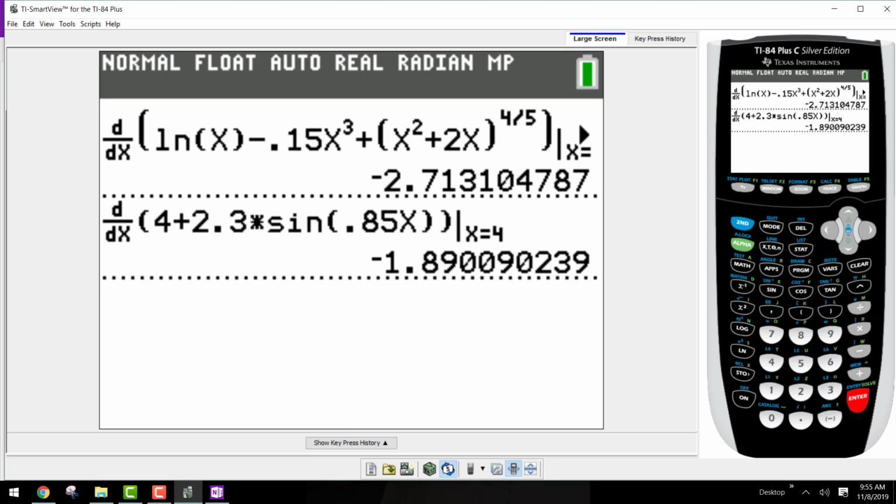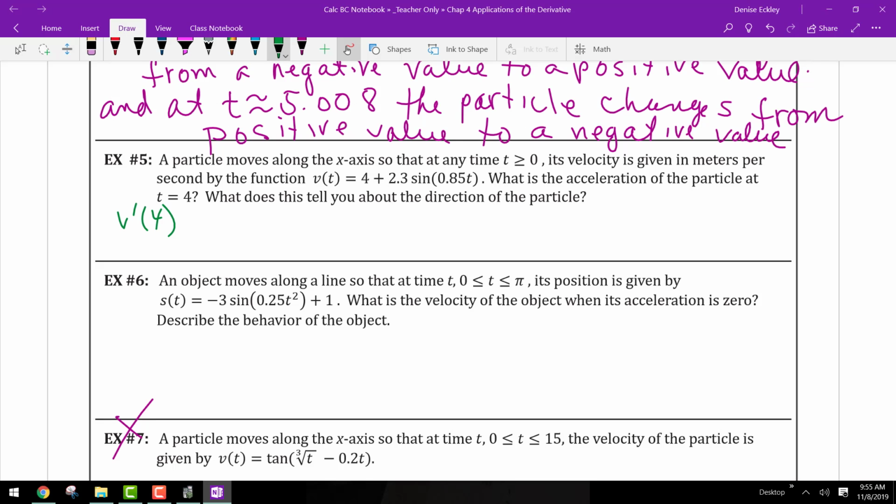And when we do that, we get negative 1.89. Okay, and we can see it's negative, so that means the acceleration is pushing to the left, so that's what we're going to write. So v prime of 4, which is equal to a of 4, is approximately equal to negative 1.890.